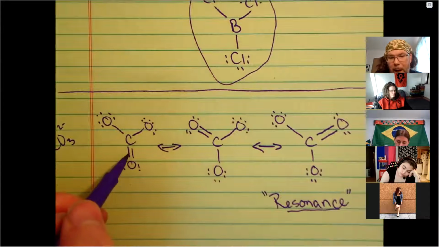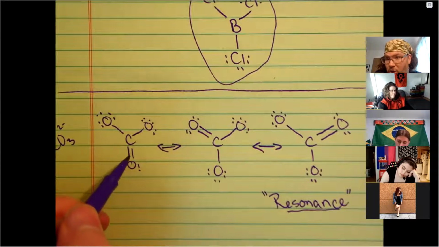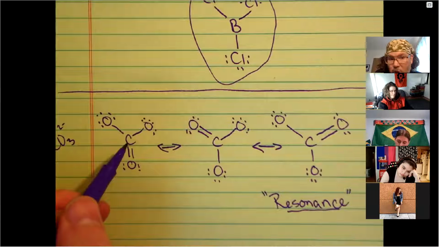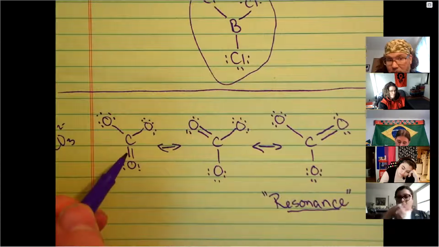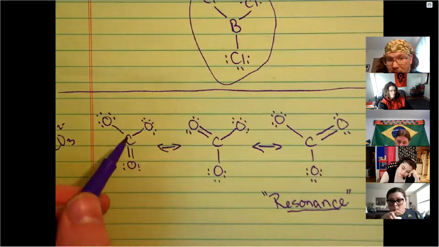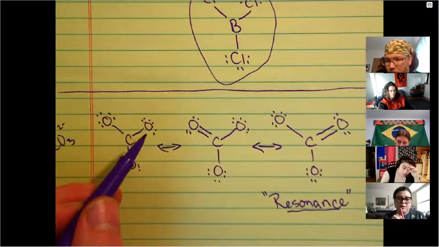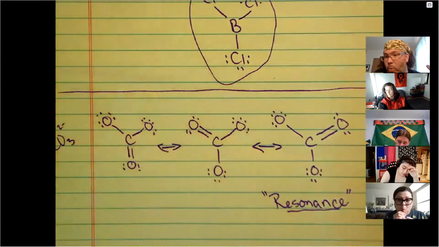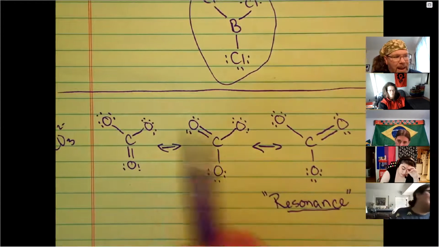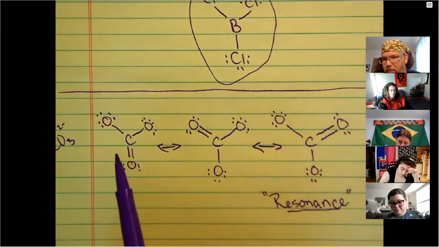So this bond that's being shared, the second bond between carbon and oxygen here, isn't just being shared between this carbon and oxygen. That second bond is actually being shared between these 2 atoms as well, and between these 2 atoms. One way to think about this is the reality, the real life structure of carbonate, is like an average of all three of these at once.